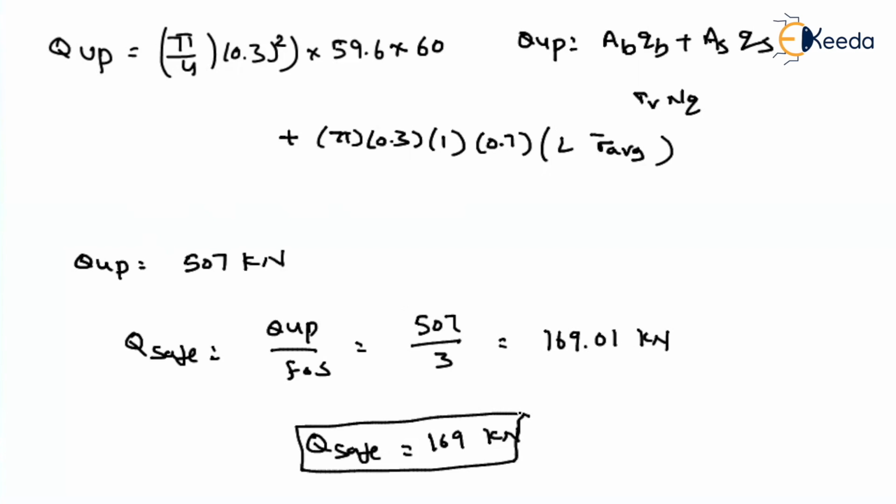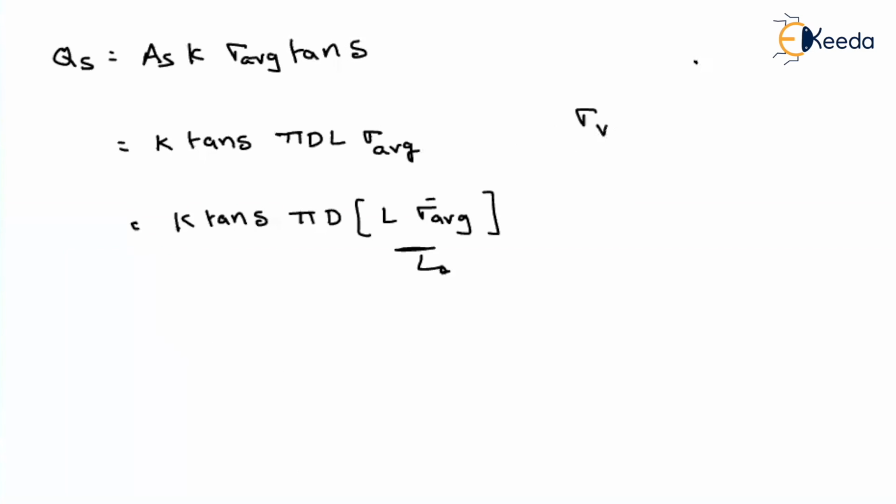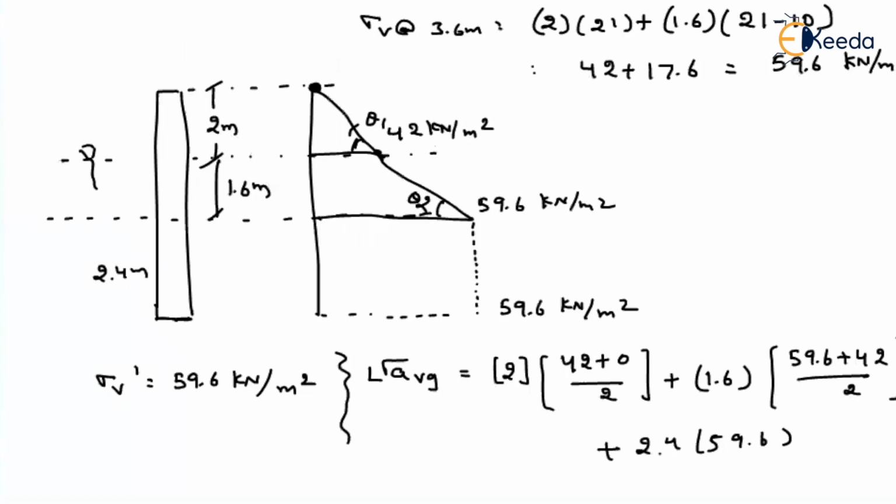So if it is sand, you have to consider your vertical stress up to the critical depth. After that, you have to consider it as constant. So don't be in a hurry to find the average value. Wherever there is a variation, consider it as a different part. In this diagram, up to 2 meter one type of variation, the remaining 1.6 another variation, the remaining 2.4 another.